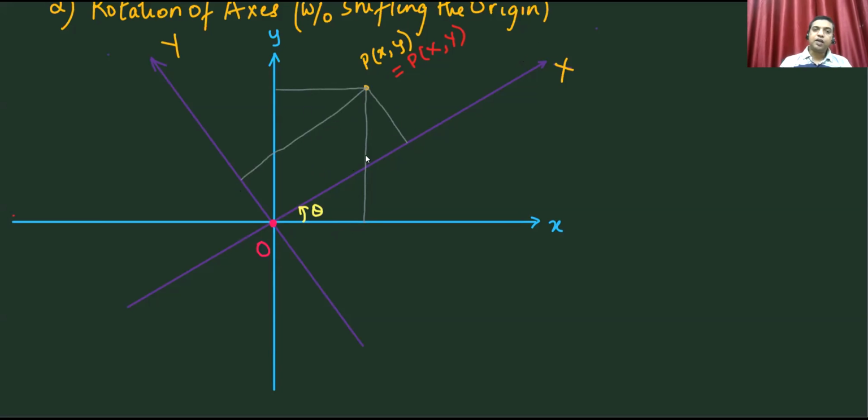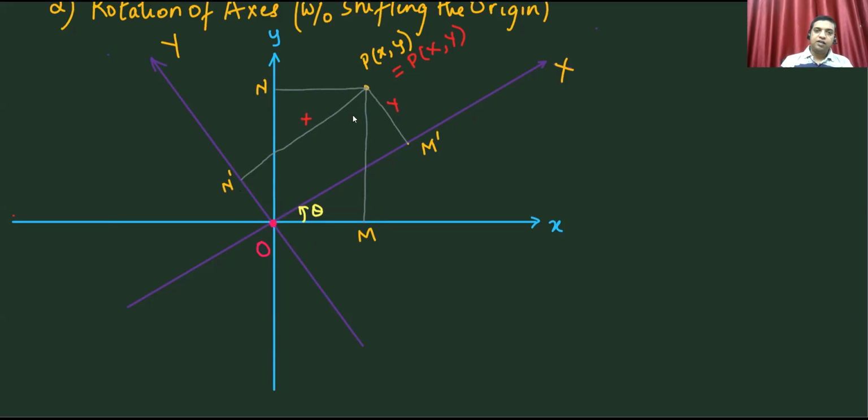All right. So now you just observe this. This is capital X, by the way, this is capital Y. So let us say this is P, this is M dash, this is M, and this is N, this is N dash.